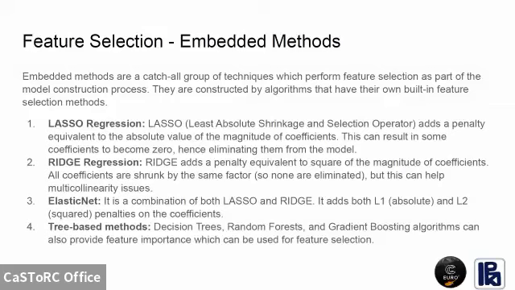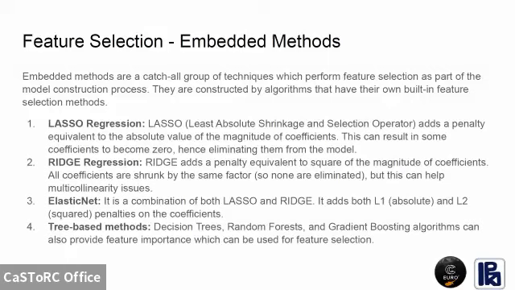Then there is the ridge regression method, which also adds a penalty equivalent to the square of the magnitude of the coefficient. Essentially none of the features are eliminated, but their effect is significantly reduced. Then you have other methods like elastic net, which is very similar to a combination of these two methods.